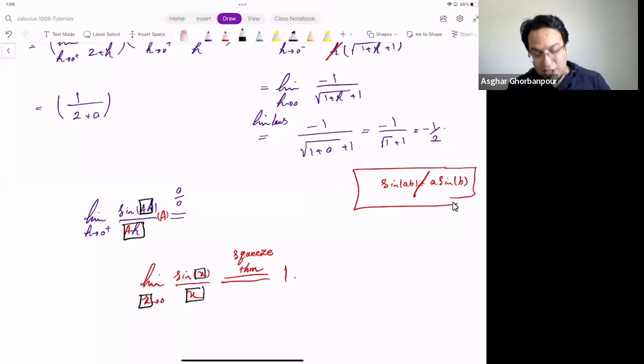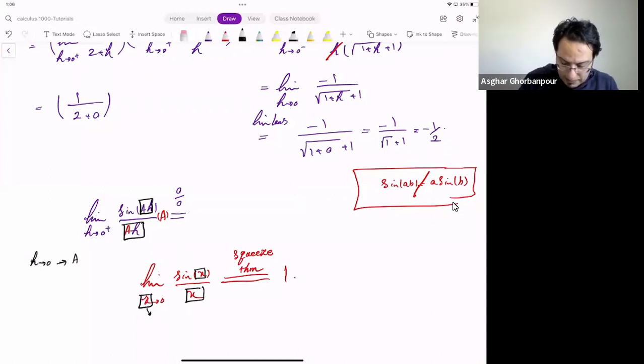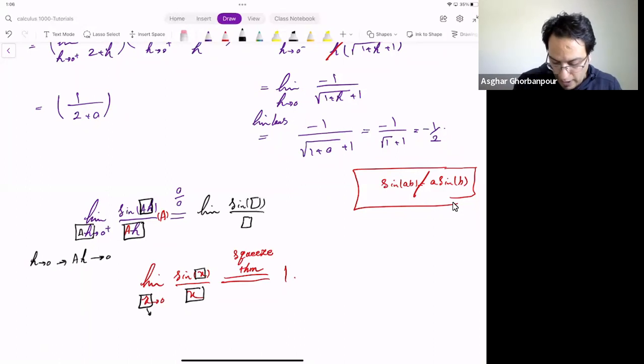But you have to be very careful because this says that box must go to 0, but we know that when h goes to 0, you multiply it by any number you like, and that will go to 0. So this box can be replaced by ah. As a result, we are dealing with the limit of sine of box over box. Box goes to 0, either from the plus side or the minus side, it doesn't matter in this case because the limit exists.